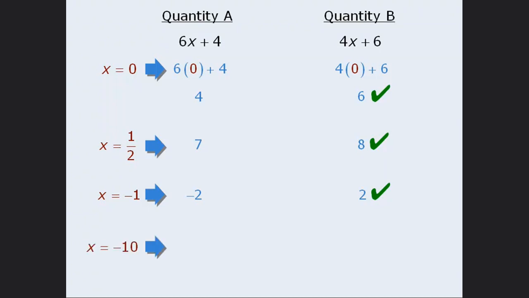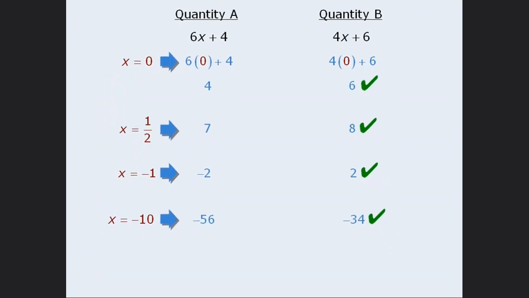What about x equals -10? In this case, the two quantities evaluate to be -56 and -34, in which case quantity B is still greater than quantity A. At this point, we might be tempted to say that the answer is B, since it appears that quantity B will always be greater than quantity A for all values of x.